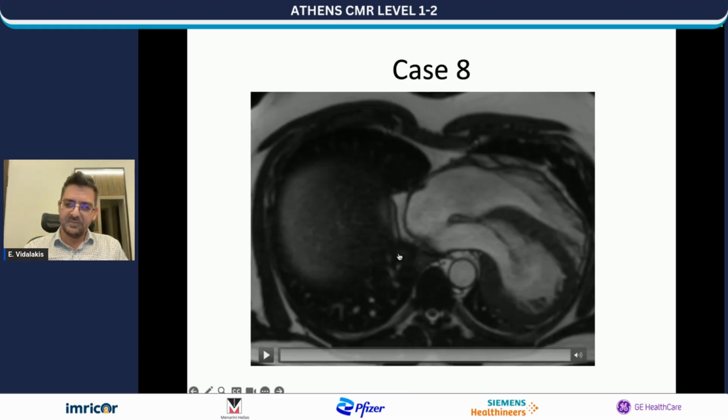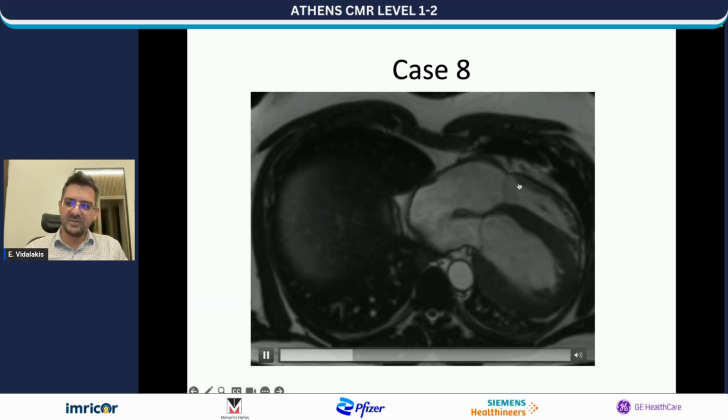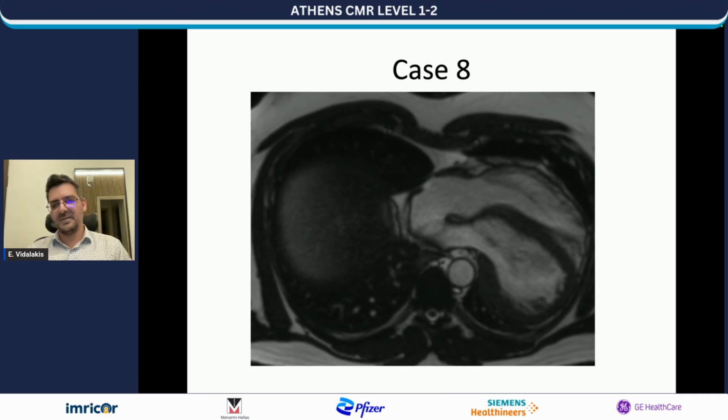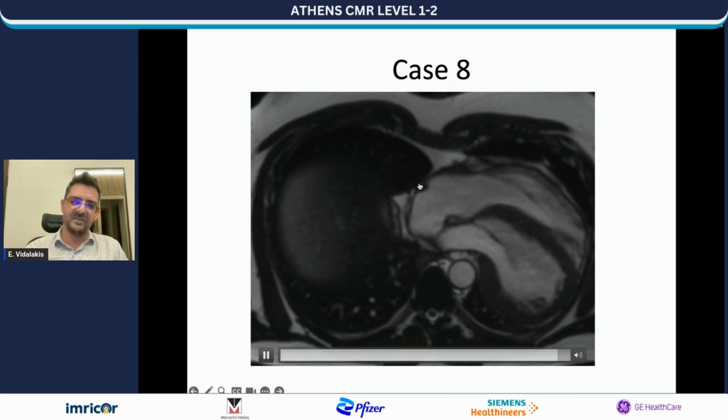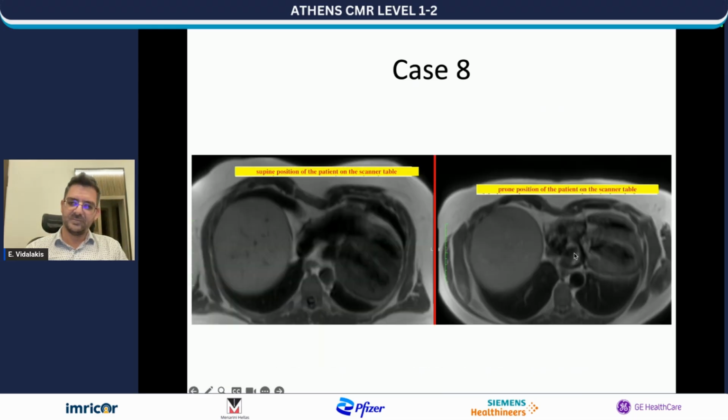This is the heart. And as you see, the whole heart moves to the right and to the left and posterior. This is not the normal position of the heart. What we did, we took a picture of the patient supine, and then we asked the patient to get again inside the scanner and be prone.